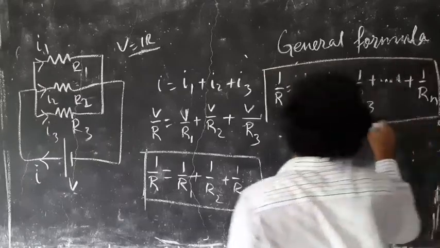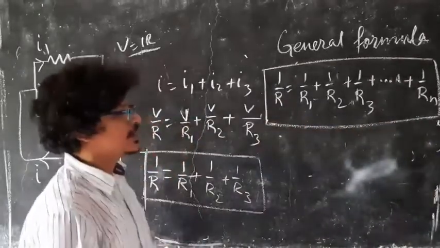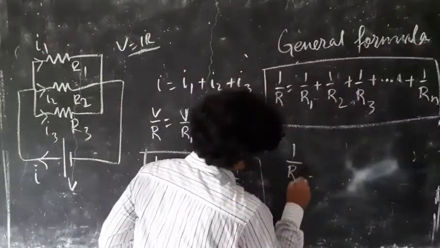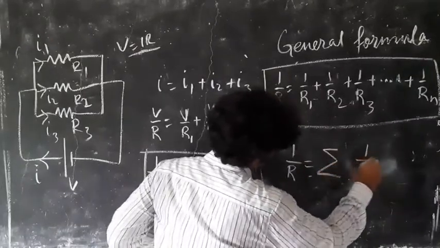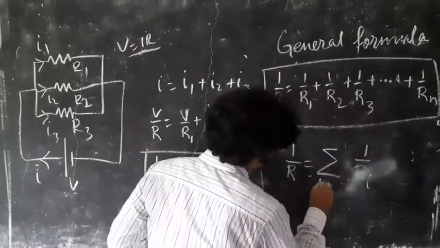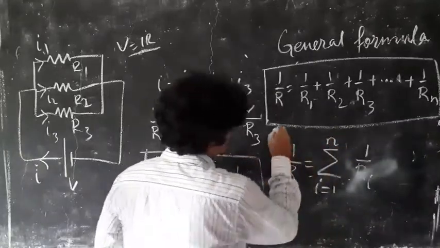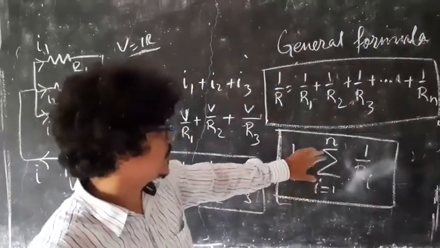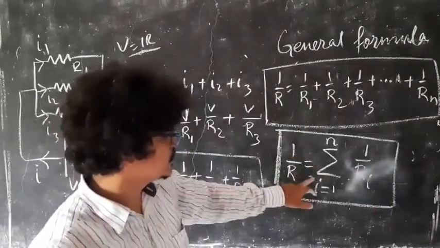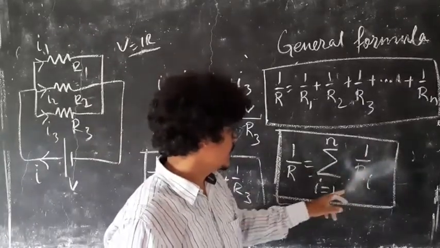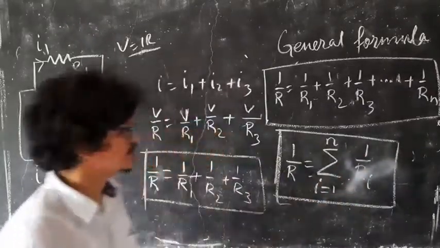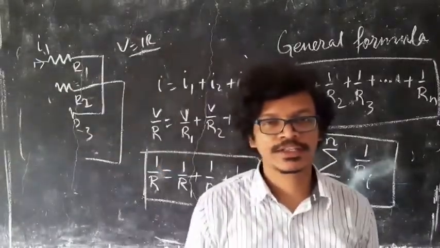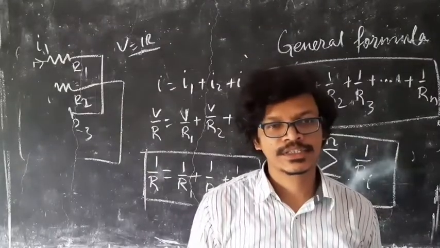This is the general formula for n resistances connected in parallel. Or we can write 1 by R equal to summation of 1 by Ri, where i varies from 1 to n. Both are the same thing; basically we are writing a short form. So till now we have seen parallel and series connection. In the next lecture we will see some examples.